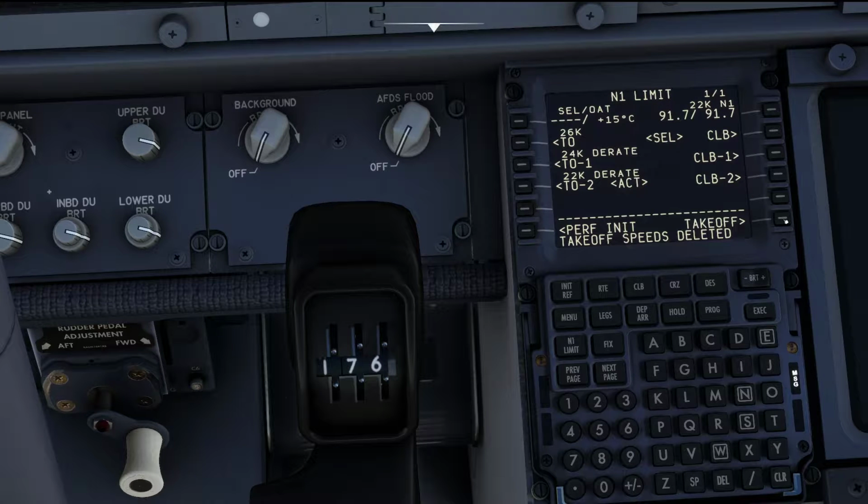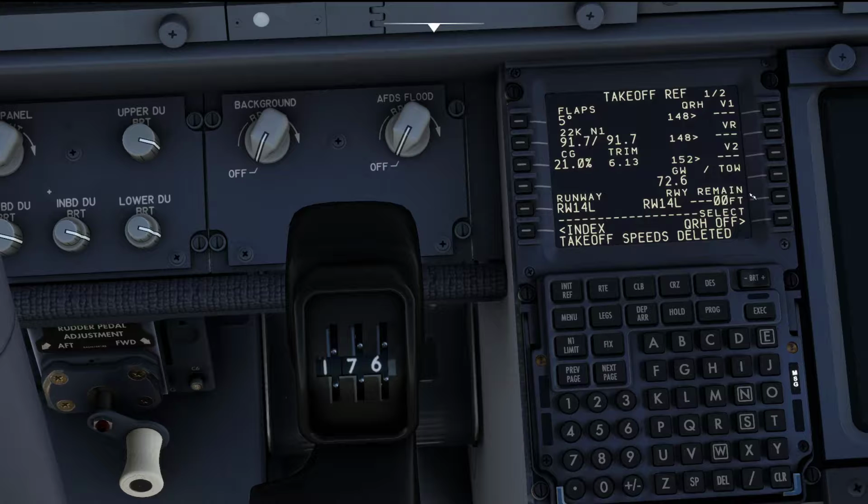Also, do note that it is very much desirable to cross-check that you actually have the correct speeds selected. So, if there is a very large difference between whatever takeoff calculation program you are using and the speeds calculated from the QRH in the FMC, then chances are there is something wrong. The V1 might easily be off, depending if the runway is wet, if the runway is dry, if you're using intersection figures whatsoever.